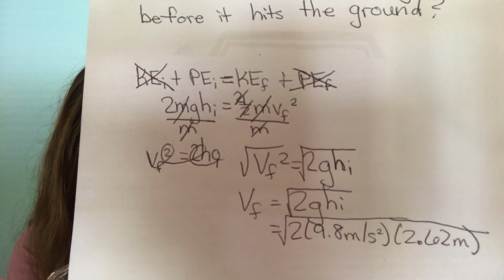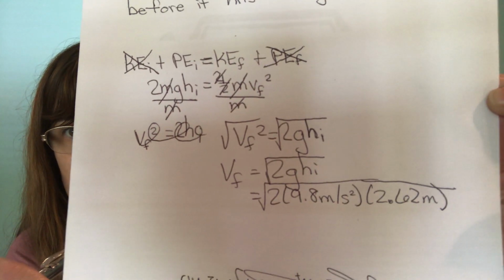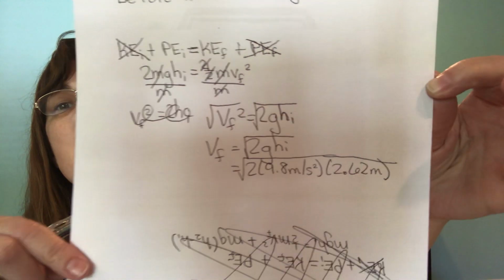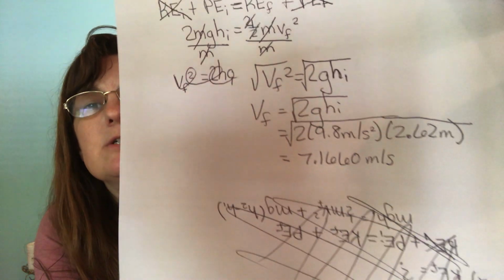And then before you round, again, pause if you need more time, because I really want you to follow through and do it on your own calculator. But when you do this calculation, it's going to be 7.1660 meters per second before you round. And of course, we'll be rounding to 2 significant digits. So it rounds to 7.2 meters per second.